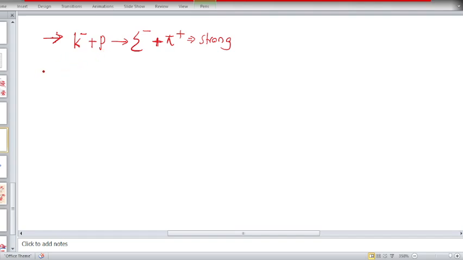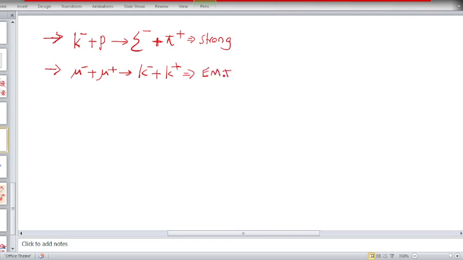Okay. So, let's take the second example. Let's take mu minus plus mu plus gives K minus plus K plus. What type of interaction will it be? This will be electromagnetic interaction.